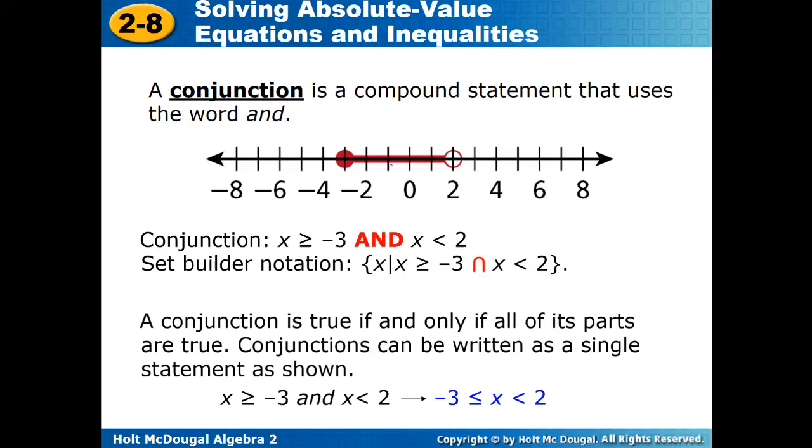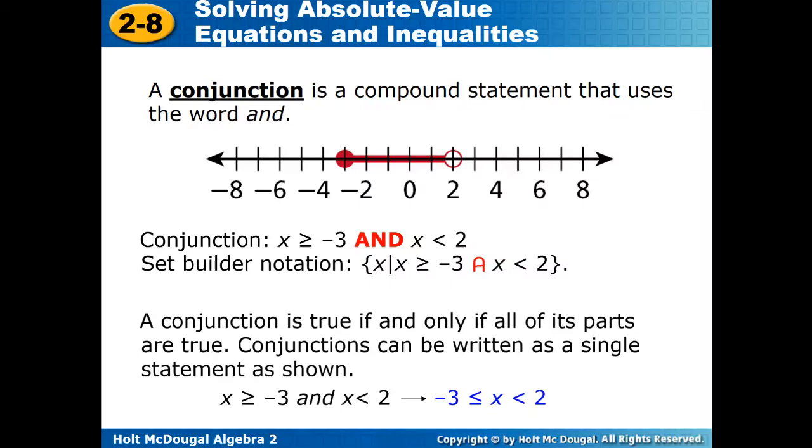Written in set builder notation, we see x such that x is greater than or equal to -3, and then we have this upside down U, and I always think of that like an A, so it reminds me, and x is less than 2.